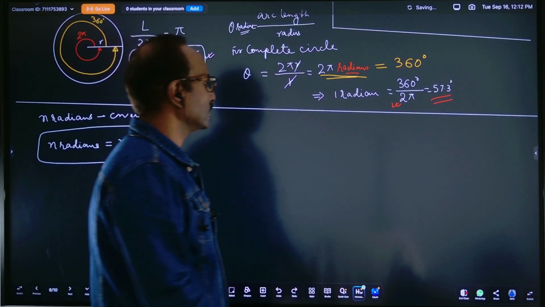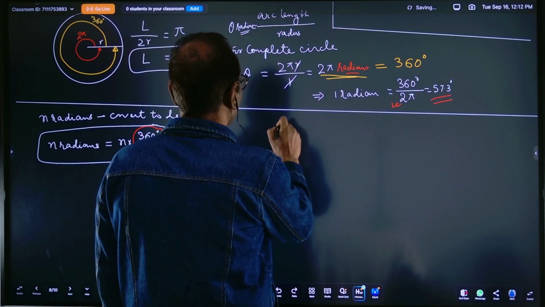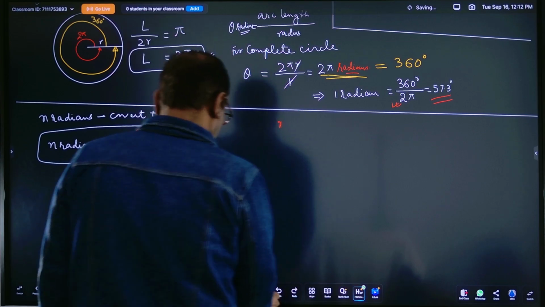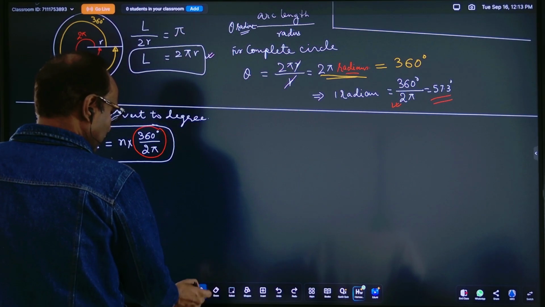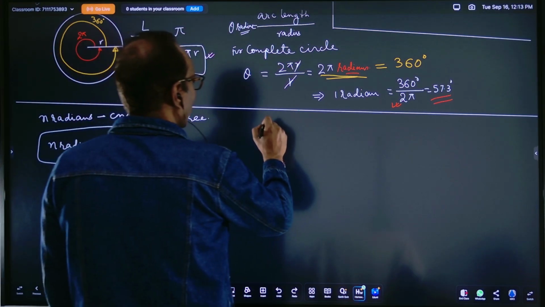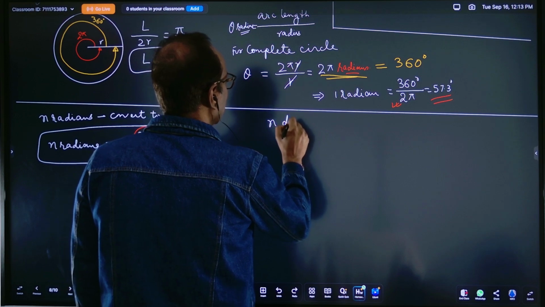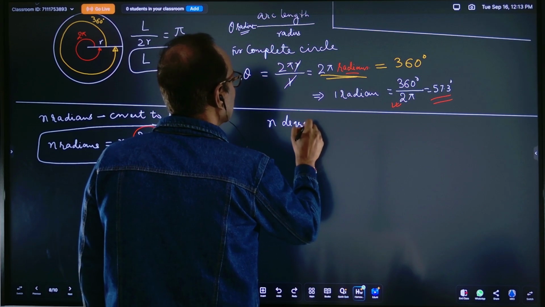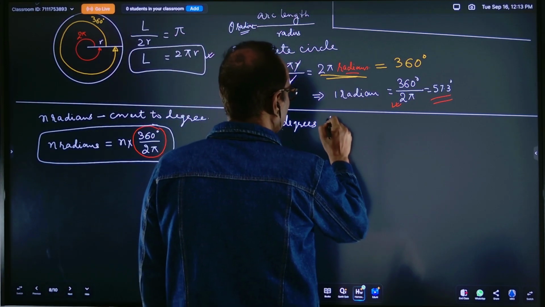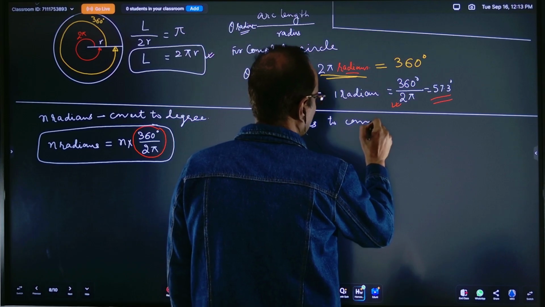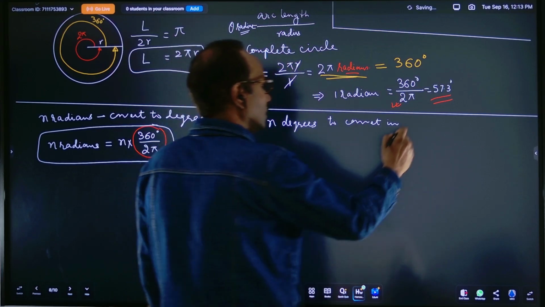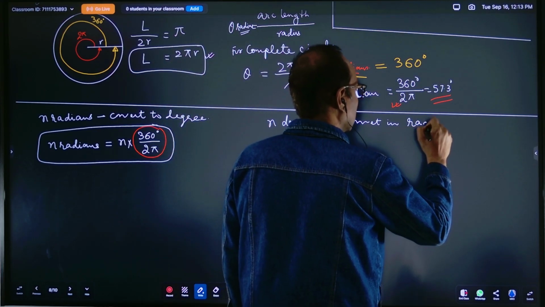So suppose you have been given n degree angle, n degrees to convert in radians.